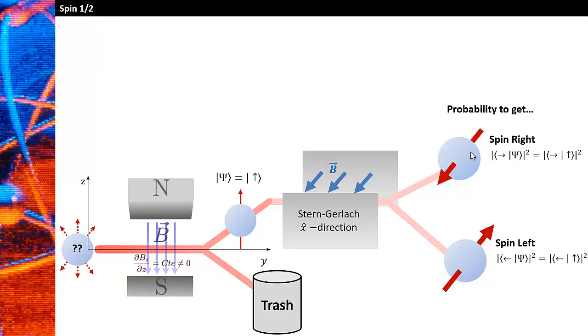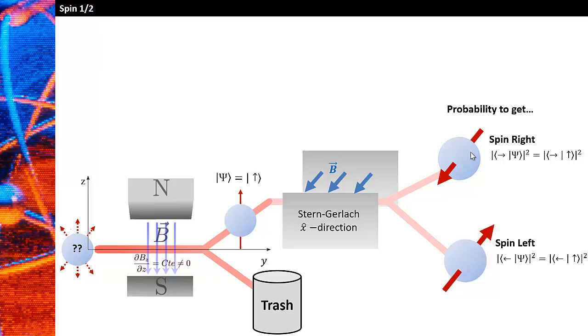And really the right question to ask is, what is the overlap, or what is the inner product, between, say, the right eigenstate and psi, and take the absolute value squared, which will tell me the probability of getting spin right. Or alternatively, what is the overlap or the inner product between the spin left and psi, take the absolute value squared, and that'll tell me the probability to get spin left.